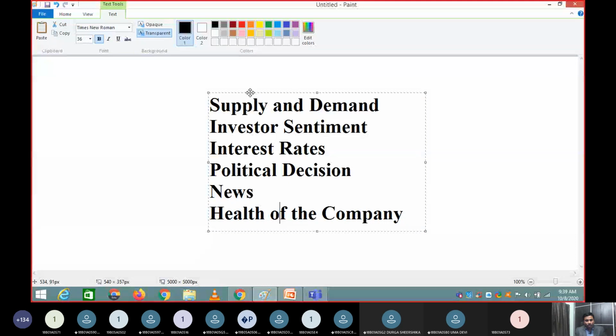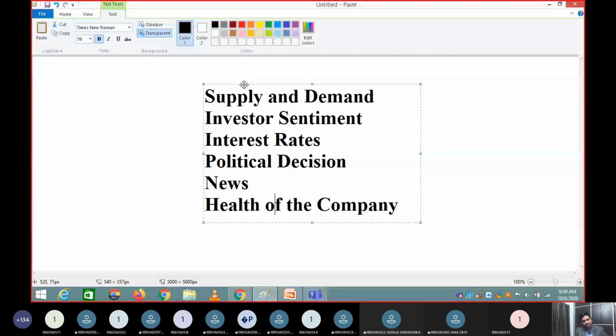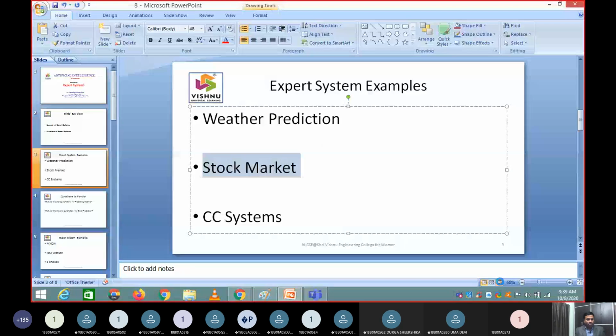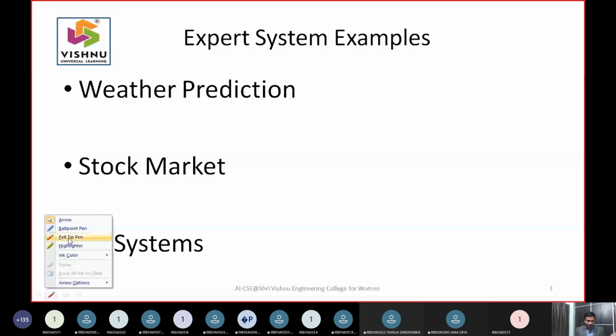You need to process these dynamic parameters and static parameters to develop an expert system. This is my entire conclusion. When you wish to develop an expert system, you must have static parameters, that is mandatory, and you must also have the dynamic parameters.